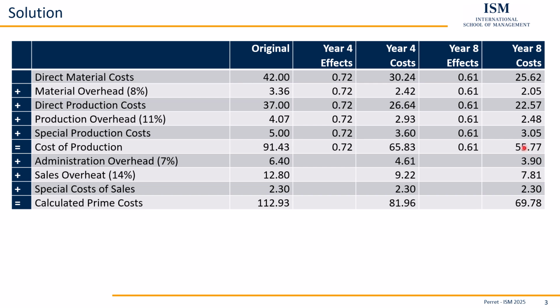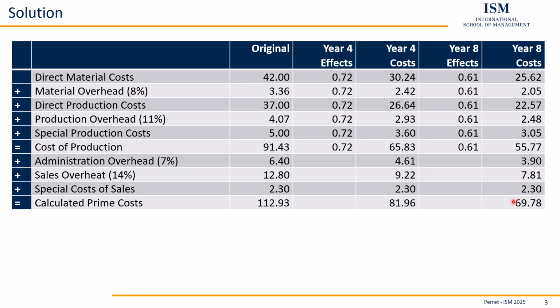And well, you can do this with all the stuff up here, but in the end, you would only need this new cost of production. So theoretically, could just use this value multiplied with 0.72, have this one, multiplied with 0.61, get that one, and then continue working from here.